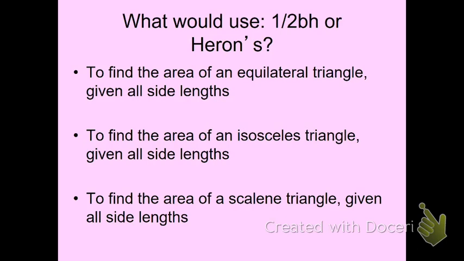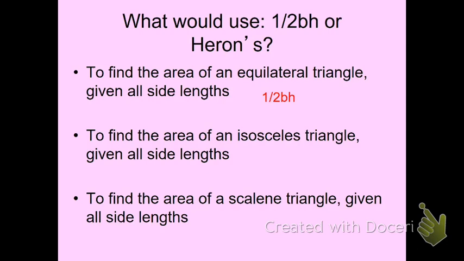Okay, and last thing, just when would you use 1/2 base times height, and when would you use Heron's formula? If you want to pause the video and answer these, so you have time to think, now would be a good time to do that. So if you have to find the area of an equilateral triangle given all the side lengths, I would still do 1/2 base times height. It's just splitting that one side in half and then using special right triangles to find the height.